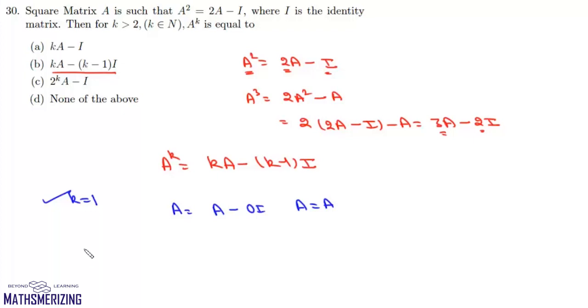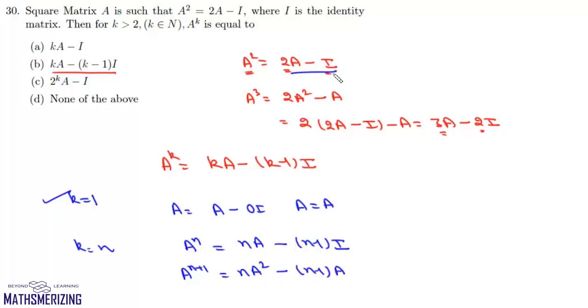Now let it be true for K equals N. So we can write A to the power N equals N into A minus N minus 1 into I. Now we multiply it with A, we can write A to the power N plus 1 will be N A square minus N minus 1 into A. Now A square is 2A minus I, so we'll get N into 2A minus I minus N minus 1 A, which is 2N minus N plus 1.